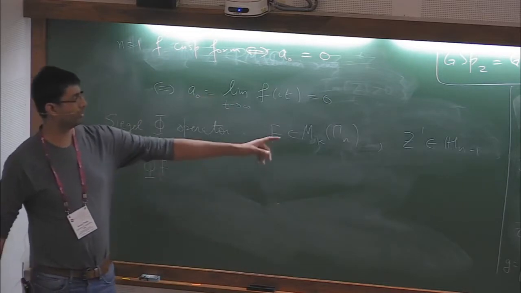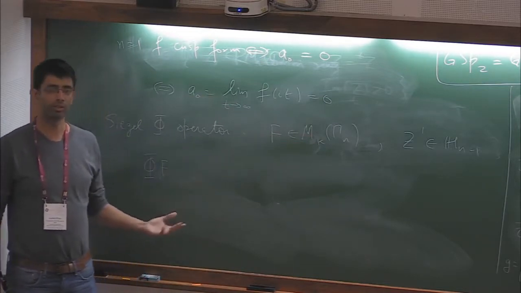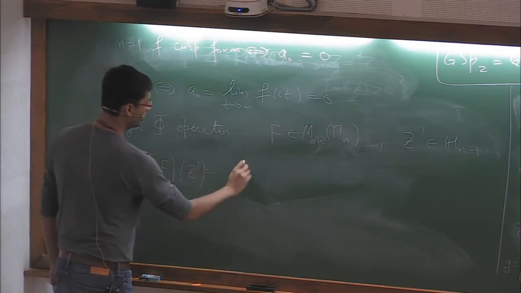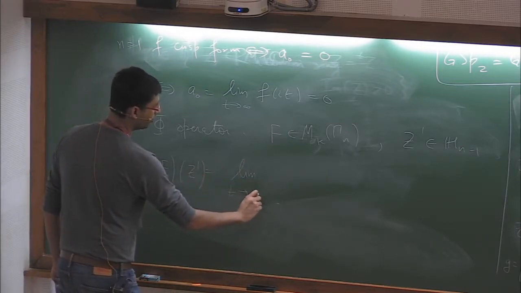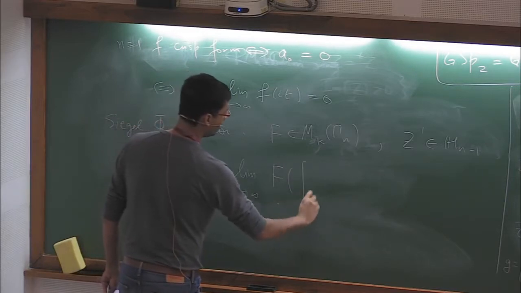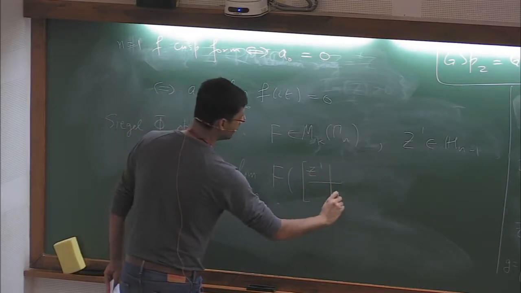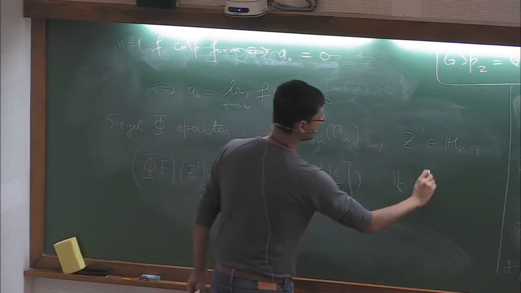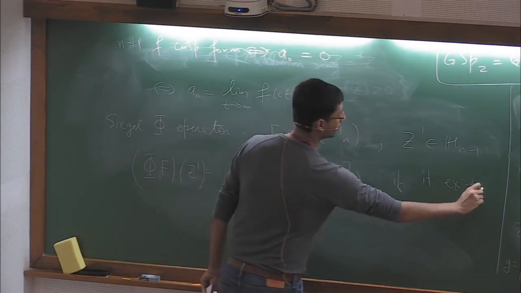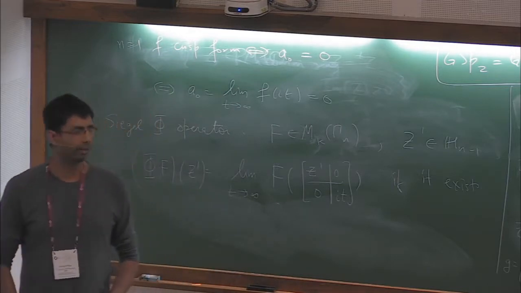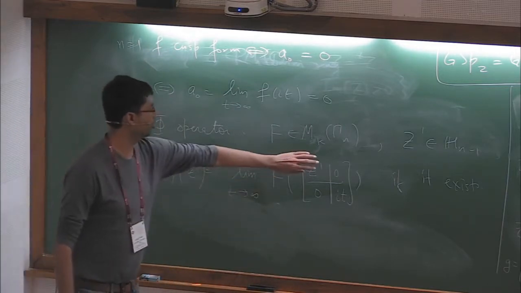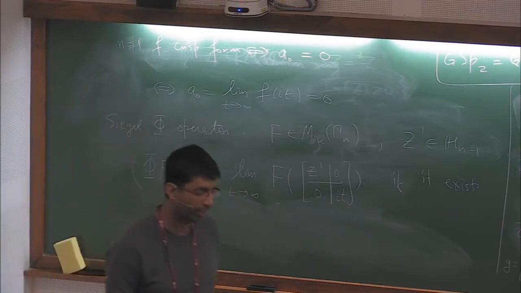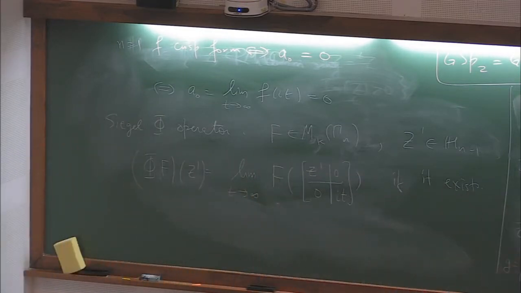So out of a function which is on H_n, you construct a function on H_{n-1}, and the way it is defined is the limit as t goes to infinity of f of (z prime, it), if it exists. And you can see in the elliptic modular forms there is no z prime, and you get this constant, which is your a0. And what about this limit exists?